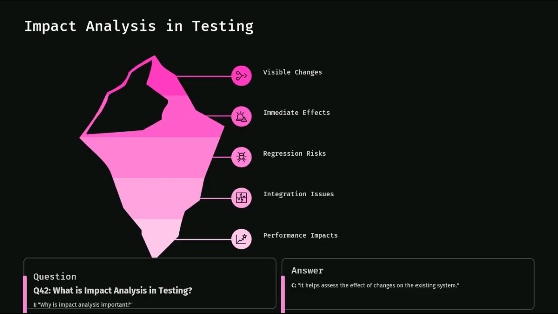So next is, what is impact analysis in testing? It helps assess the effect of changes on the existing system. It will be visible change, immediate effects, regression risk, integration issues, or performance impact.